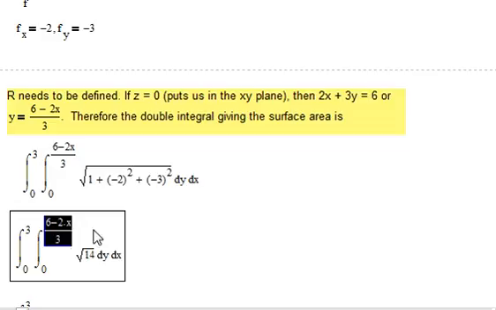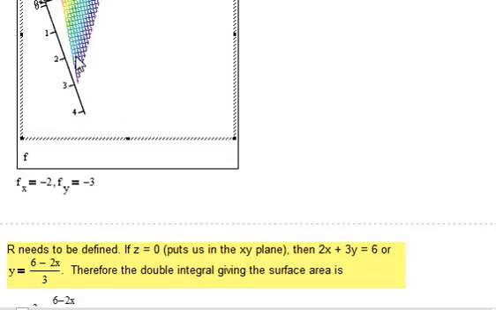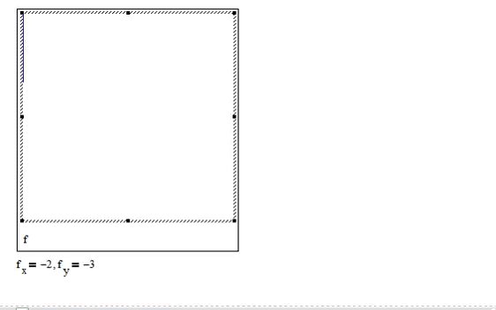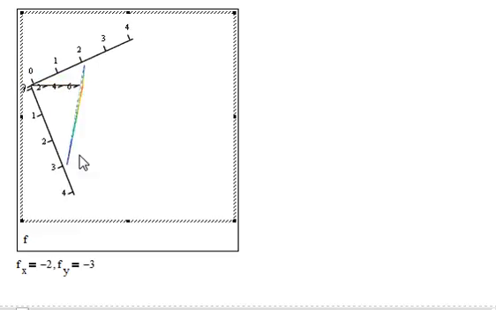A commentary on why the upper limit is (6 minus 2x) over 3. That would be if we were to look at the equation of this line in the xy plane, right? You could say, well, it has slope -2/3 and y-intercept of 2.